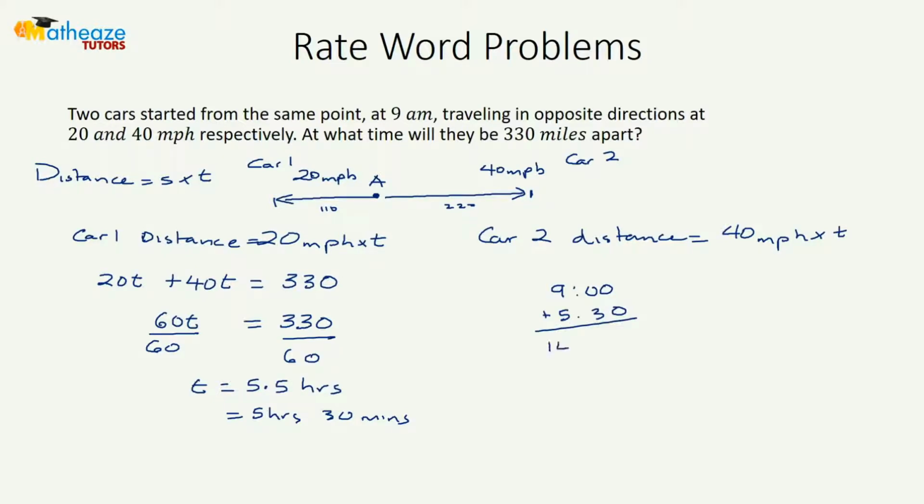This gives us 1430 hours. And of course, we can convert it since it's in AM PM. We subtract 12 hours, so it's going to be 2:30 p.m. So at 2:30 p.m., if the cars drive at these speeds, they will be exactly 330 miles apart.